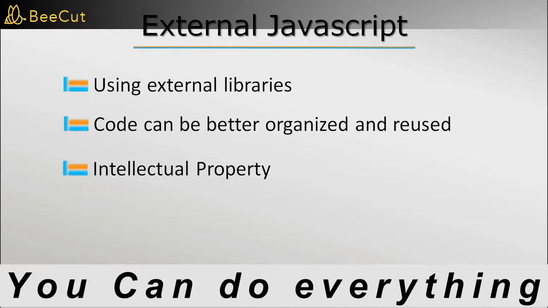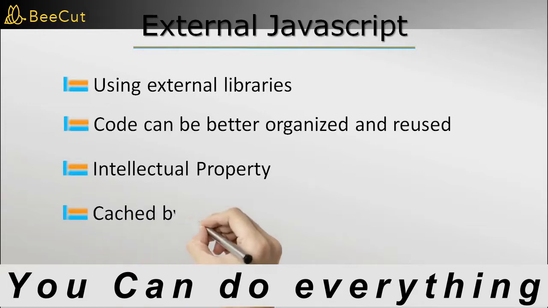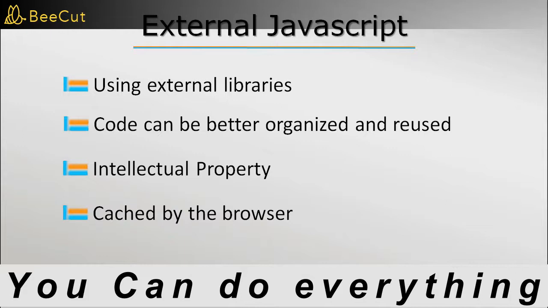And finally, the one big reason for using external JavaScript files is because the browser caches these static files like JavaScript files, CSS files, or image files, so that on subsequent request to the same file, it doesn't download it from the server, rather it just picks it up from the cache.